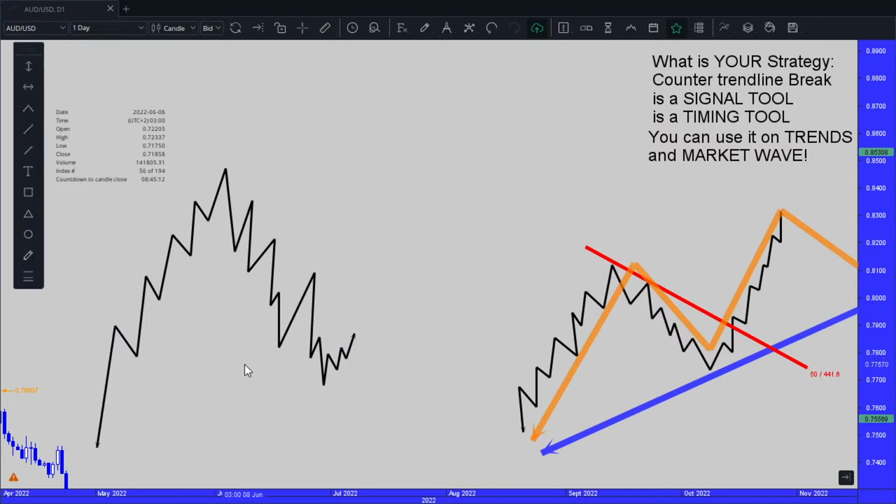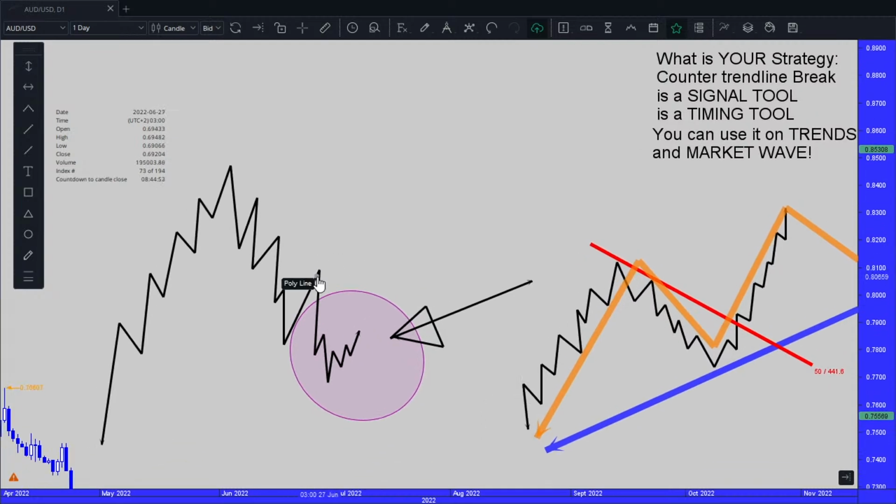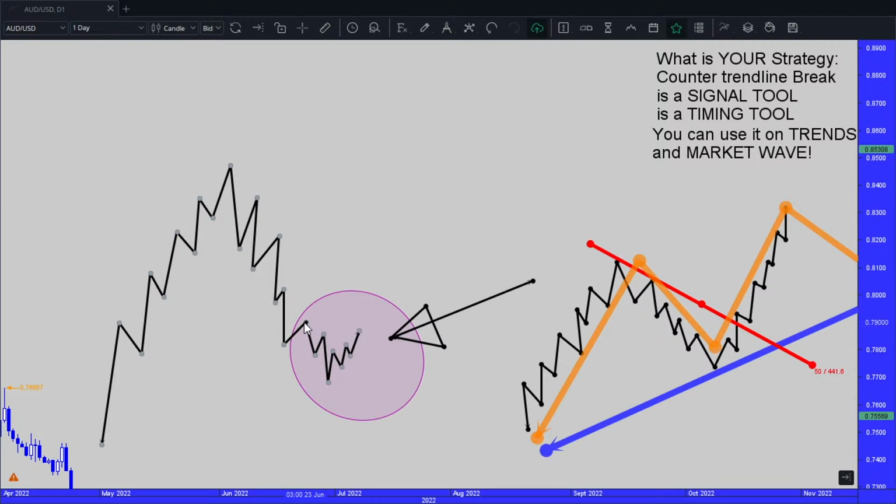Now, everybody, here is the question. Talking about the market wave, start of the extension, right? I mean, this is not the best picture. Okay, let's do it like this in here.